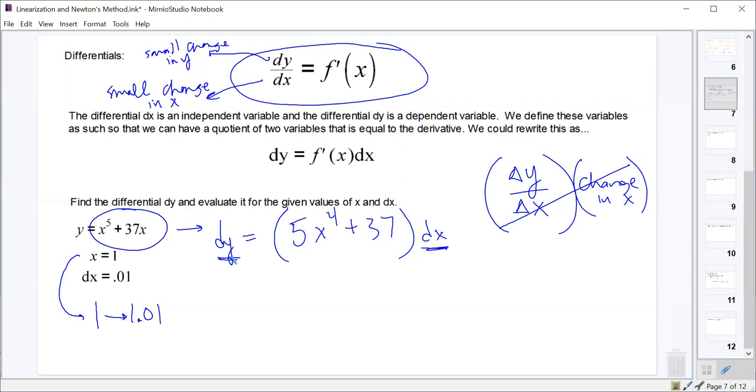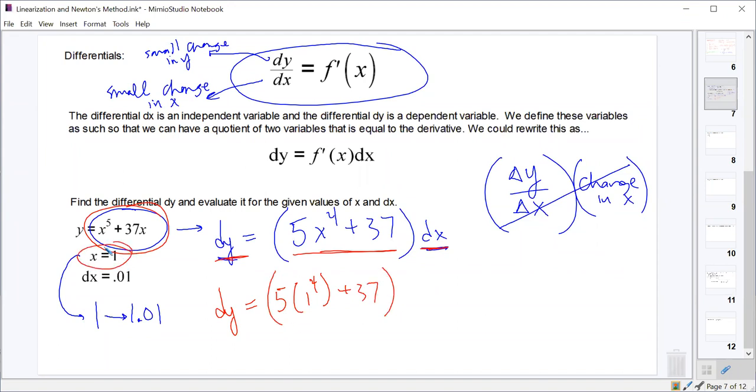Yeah, thank you. Okay, so all you have to do is take the derivative of this and then multiply it by whatever your small change in x is. So that's what we got. We've got dy, the small change in y, is our derivative times the small change in x. And so dy ought to be 5 times 1 to the 4th plus 37, right?